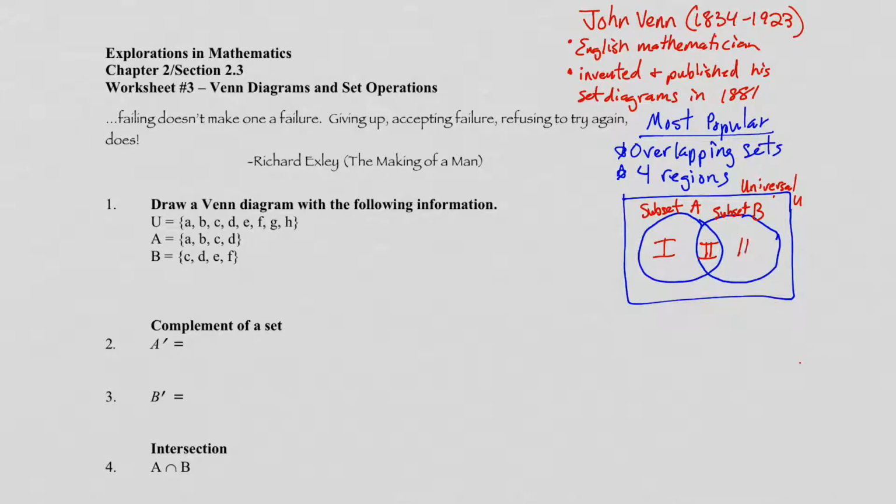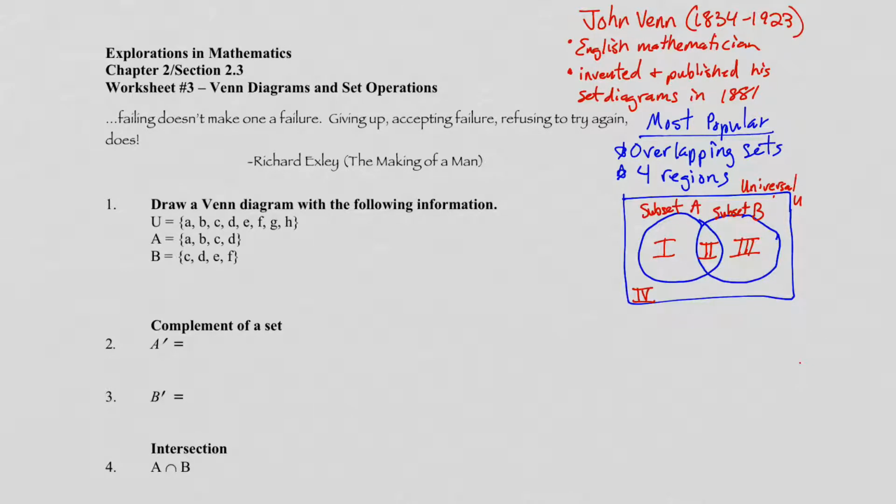Region 3 is only set B, nothing shared with set A. And then you have the last region, region 4, and this is neither in A or B, but it's still part of the universal set.